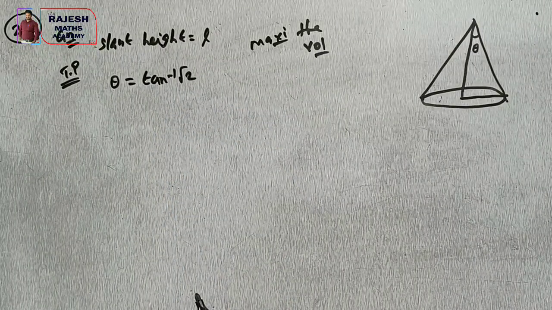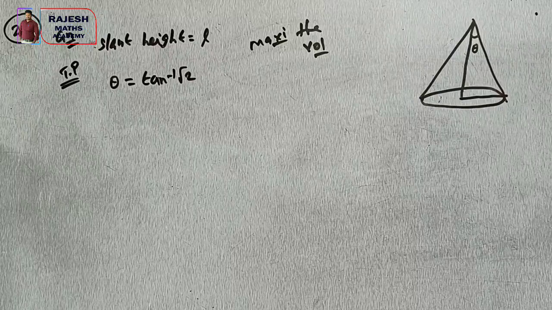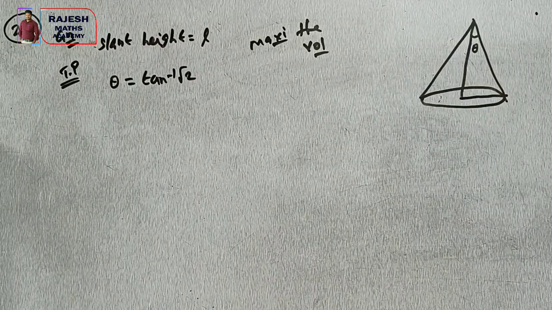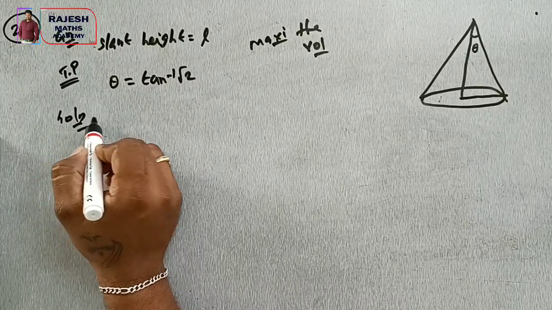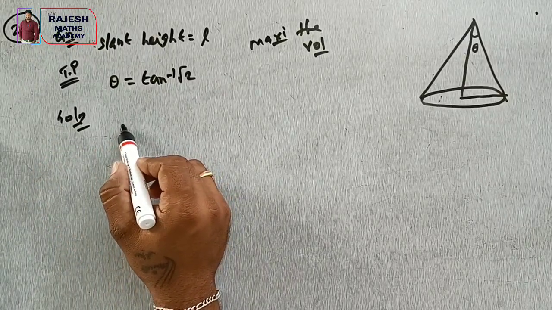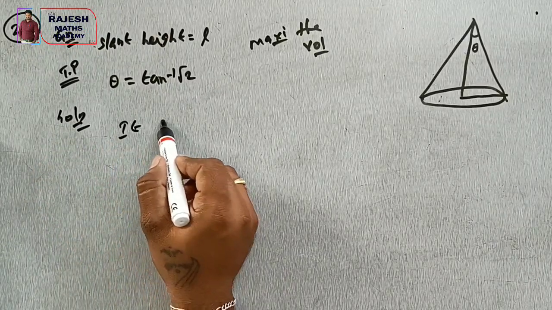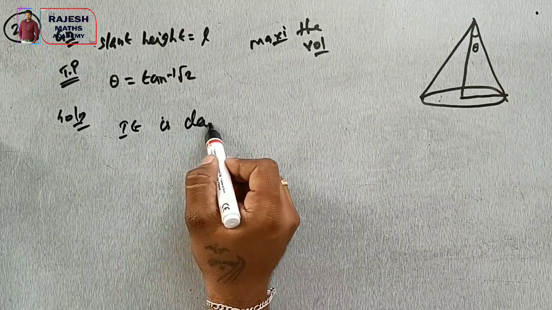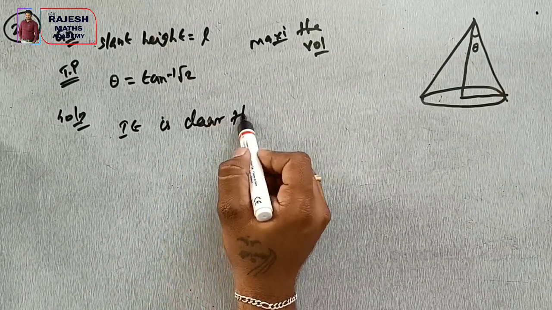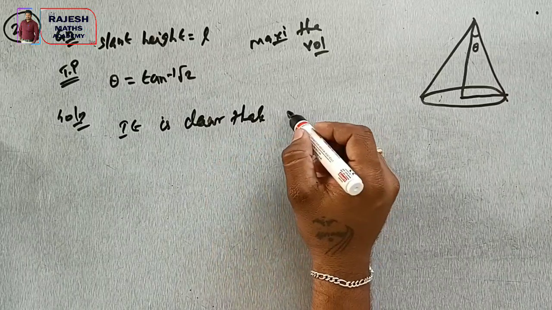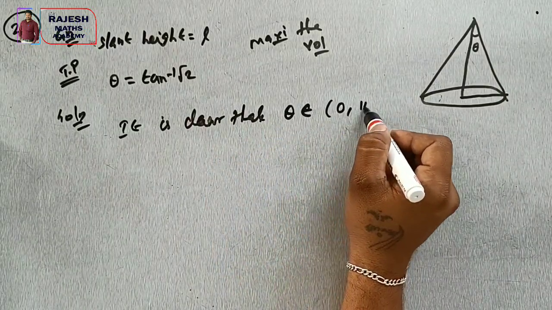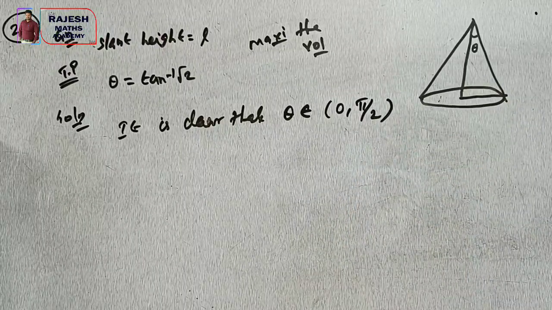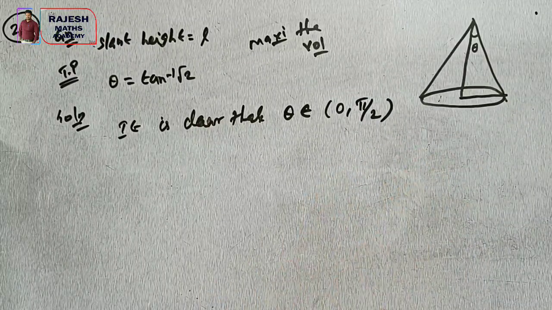Now we know that theta is the semi-vertical angle, and it is clear that theta belongs to the open interval 0 to pi by 2. Theta will be in the first quadrant, 0 to pi by 2.